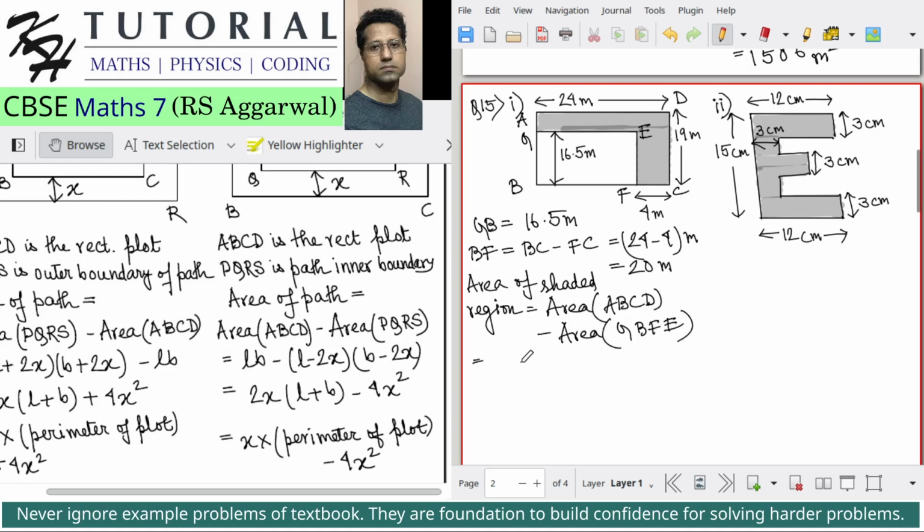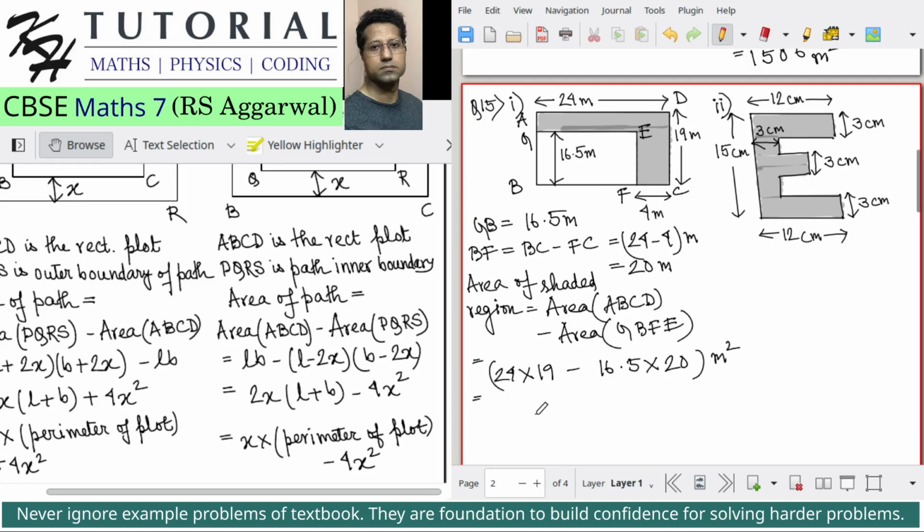Now, what is the area of ABCD? It is 24 multiplied by 19. And what is the area of GBFE? It is 16.5 multiplied by 20. So this much meter square will be the area of the shaded region.